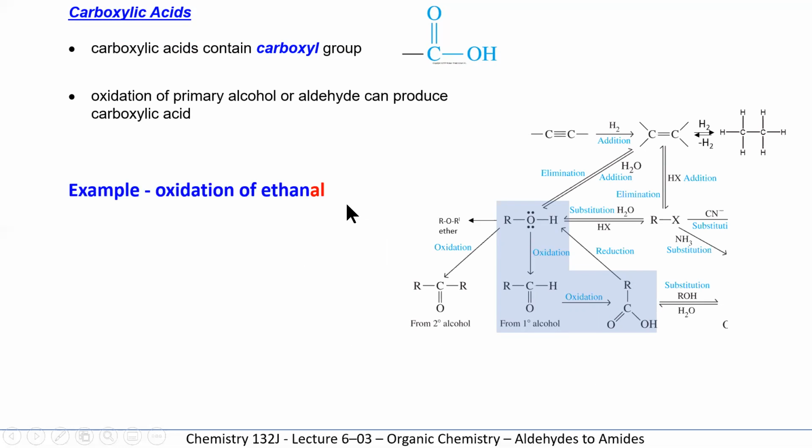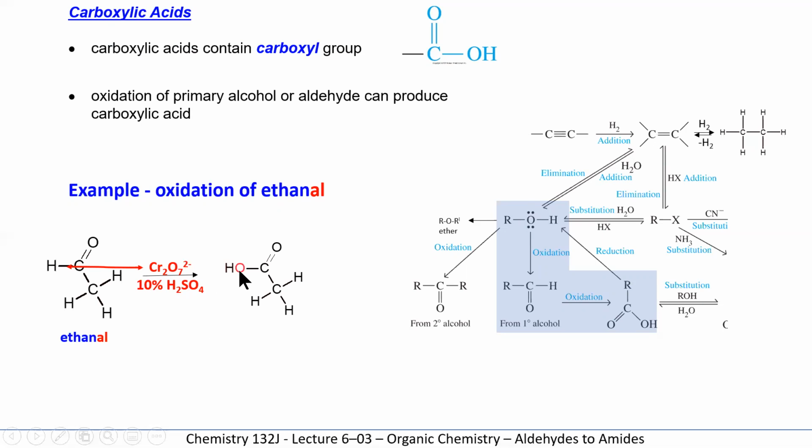So this is the oxidation of ethanal, a 2-carbon aldehyde, and we oxidize it using dichromate and 10% sulfuric acid. And notice that an oxygen from the oxidizing agent ends up on the carbon chain, making now an acid. So we would call this ethanoic acid for 2 carbons, and we change the end of the word.